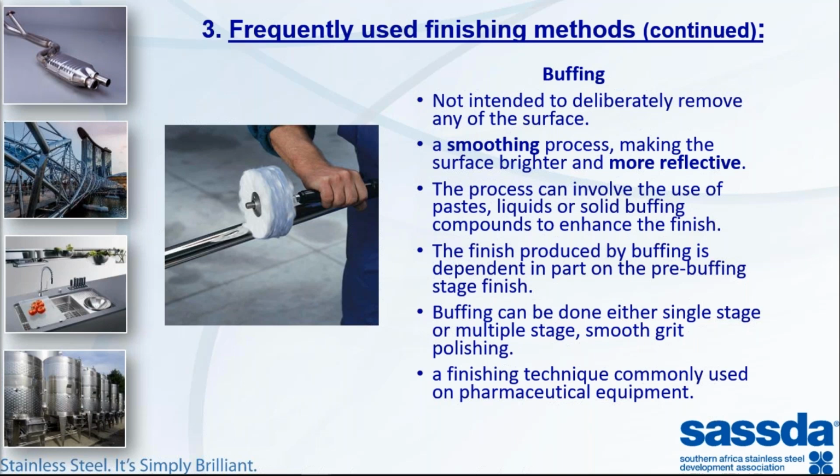It's usually in stages, and the direction of each stage will differ from the previous. We'll look at that later. And this is a type of finish that is usually used by pharmaceutical companies. It's that type of specification and some architectural products.